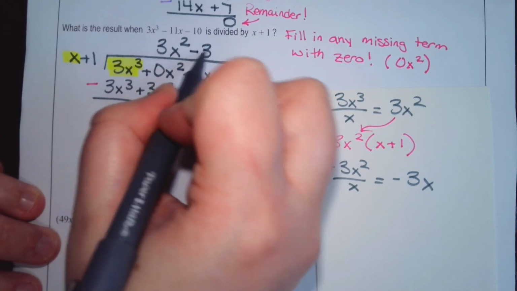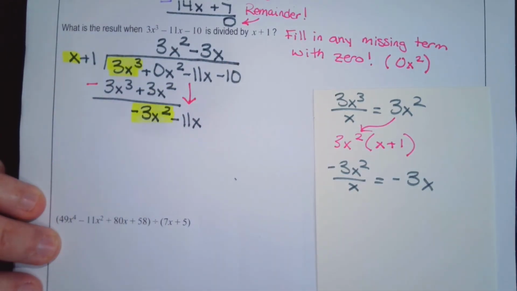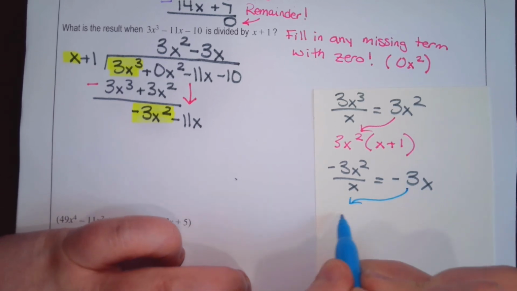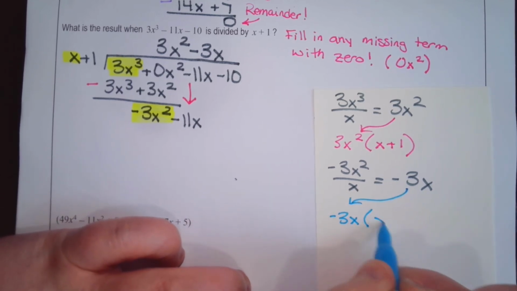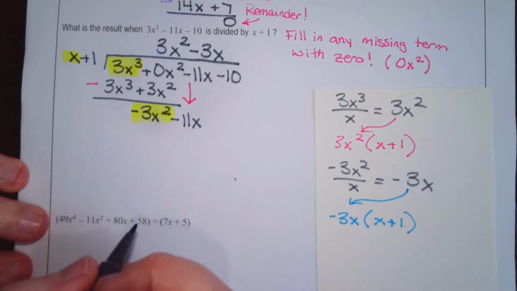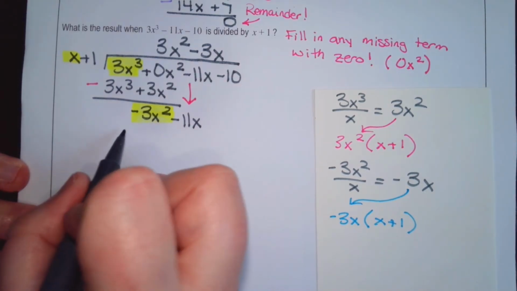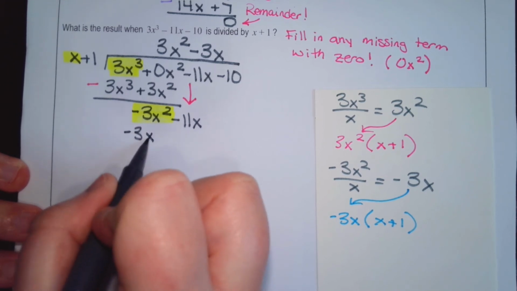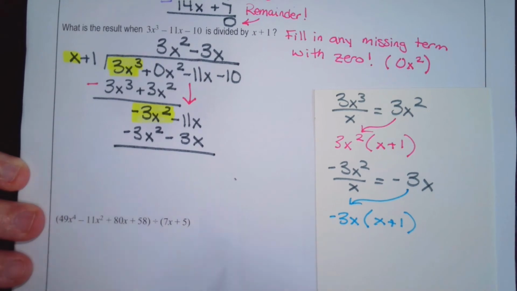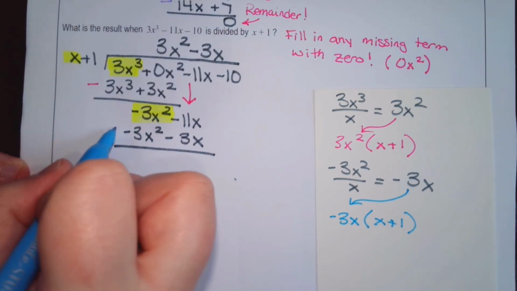So minus 3x. And now we multiply that by our binomial. So negative 3x times x plus 1 is going to be negative 3x squared minus 3x. And now we subtract.